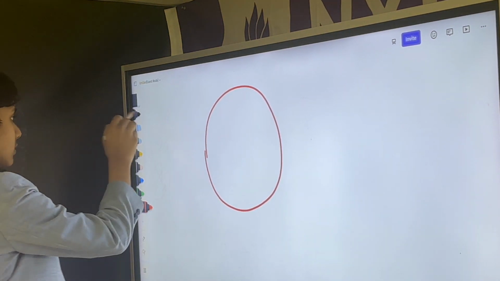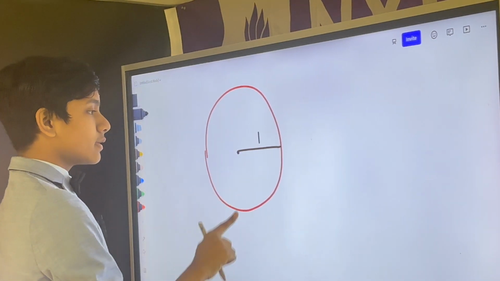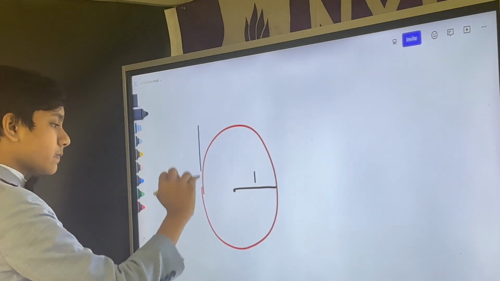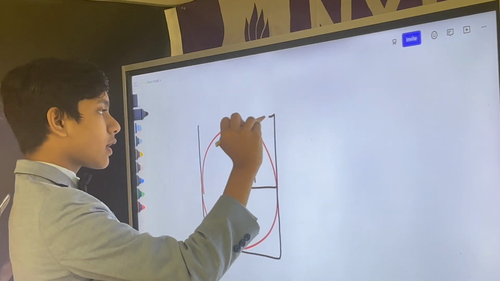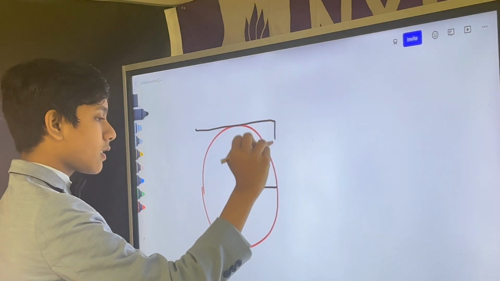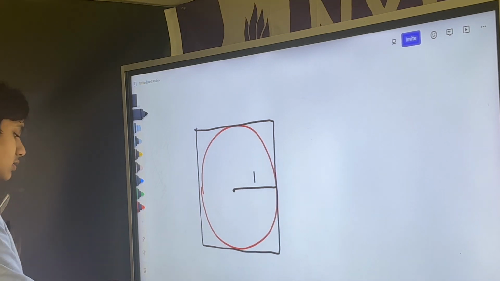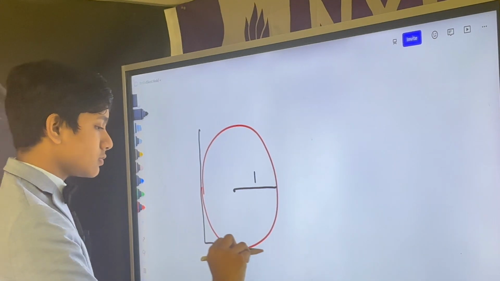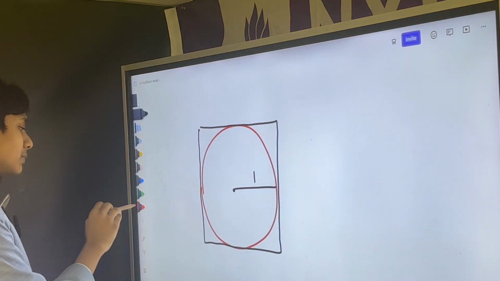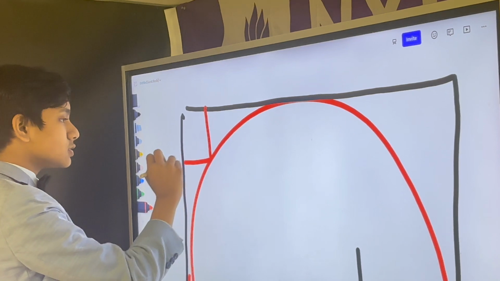So, you have a circle of radius 1. You take a square and draw it so that it encloses the circle. Okay, something like that. The basic reasoning is, now you fold in this corner over here, so it looks like this.